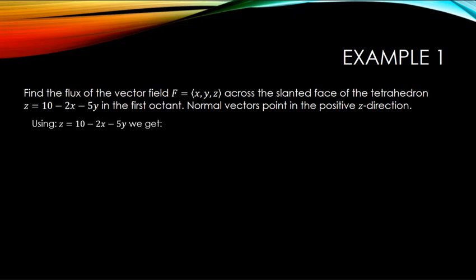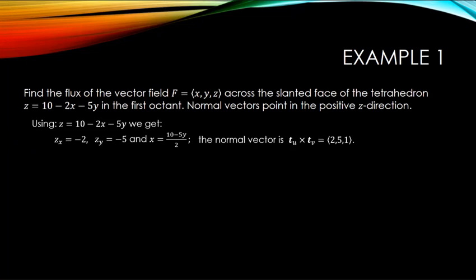Using z equal to 10 minus 2x minus 5y, I get z sub x equal to negative 2, z sub y equal to negative 5, and x equal to (10 minus 5y) divided by 2. My normal vector is t sub u crossed with t sub v, and this is a vector with components 2, 5, 1.